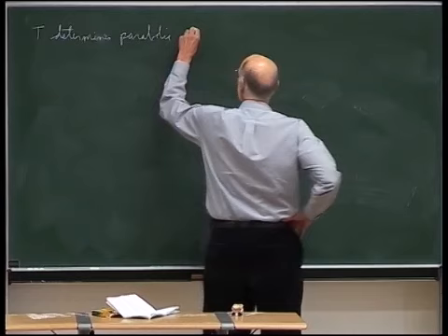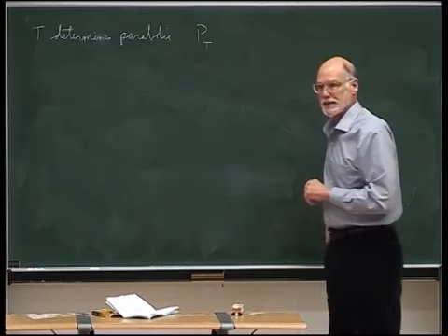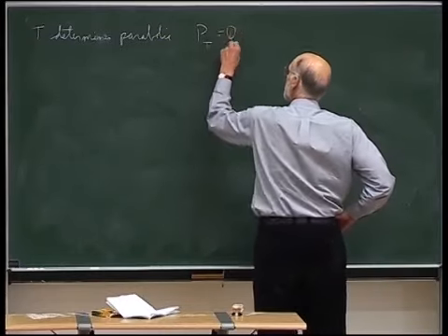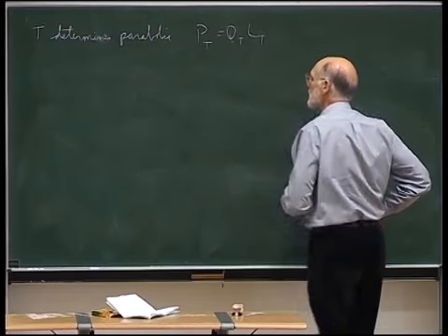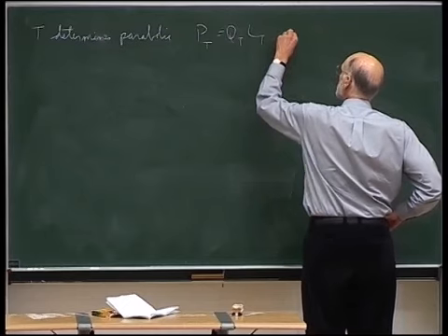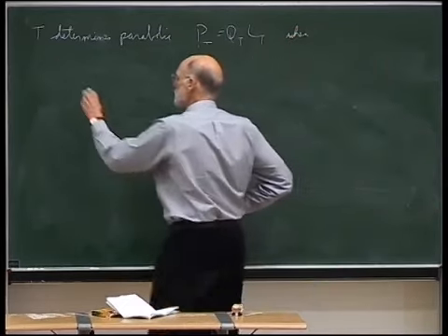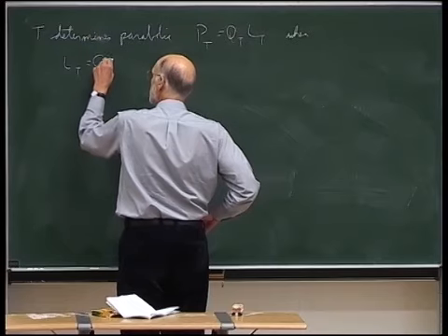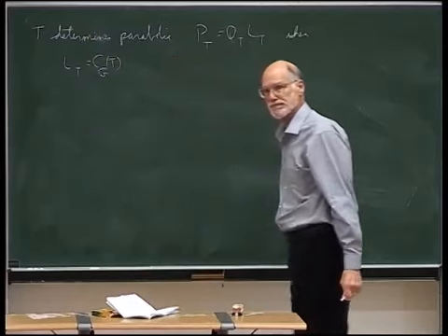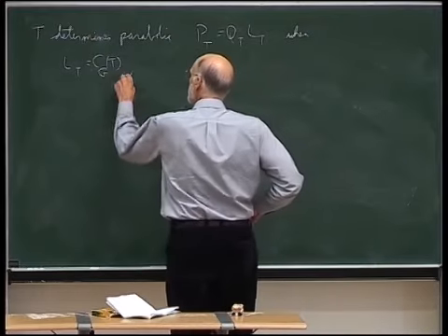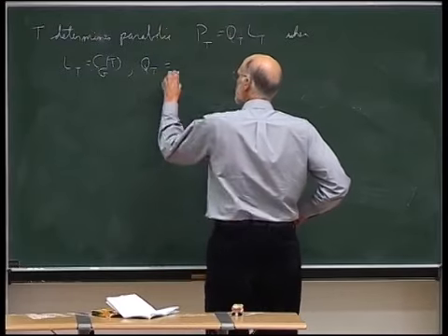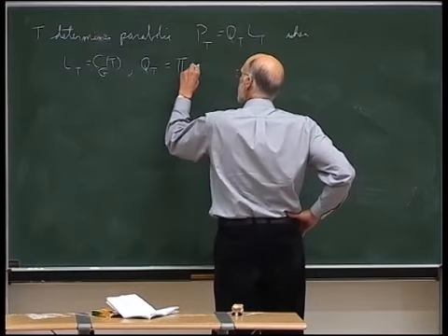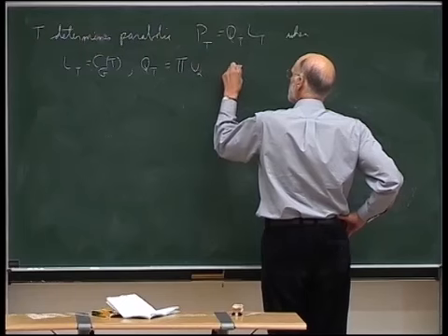So I'll just be careful, I'll call it P sub T. We usually call it P, and then we get in trouble. But anyway, and again, I'll write a Q sub T, L sub T, where L sub T is just the centralizer in G of T. And Q sub T sort of is just the product of root groups. You can put T in some maximal torus, doesn't matter which one it is. The product of U alpha for which T has positive weight.